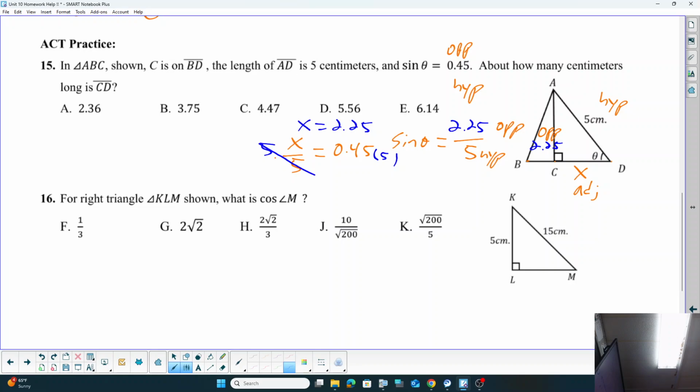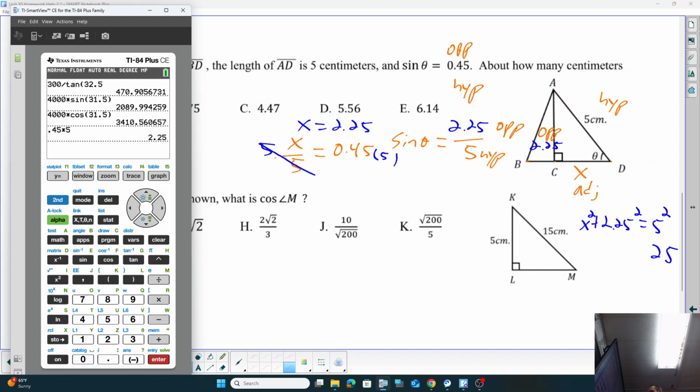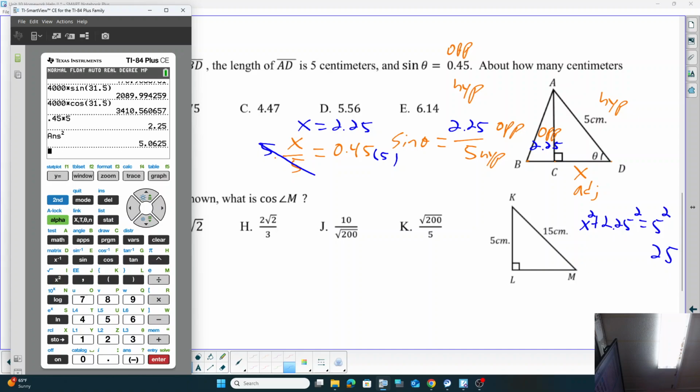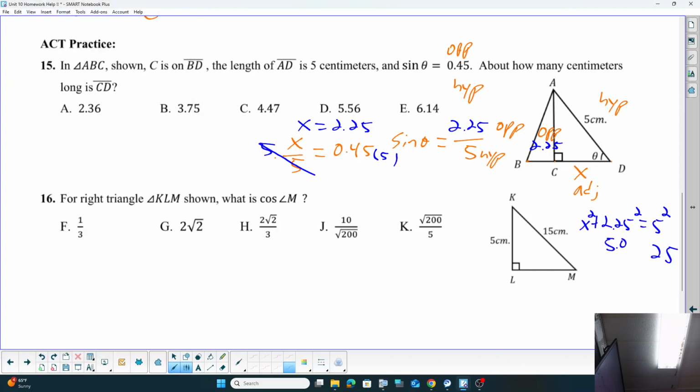Now we can use the Pythagorean Theorem. So we got x squared plus 2.25 squared is equal to 5 squared. 5 squared is 25. 2.25 squared is 5.0625, which we're going to subtract from the other side.